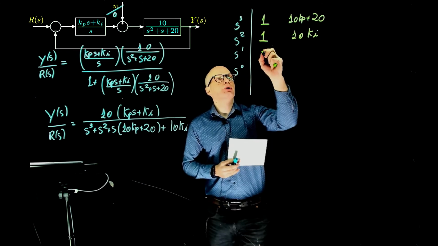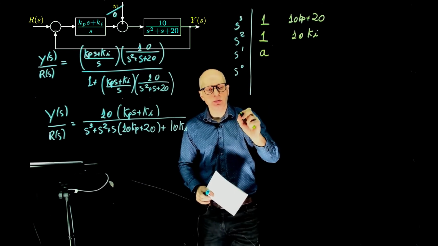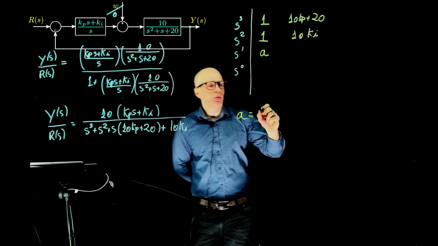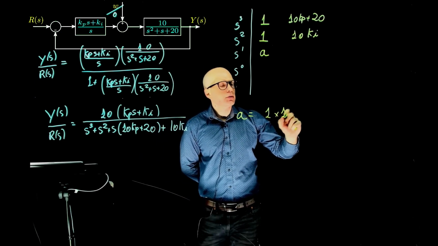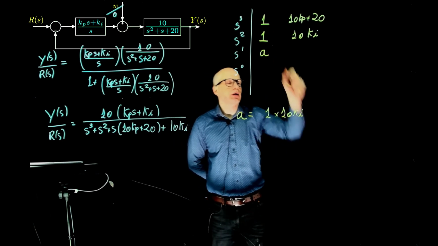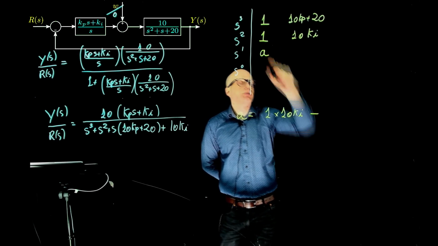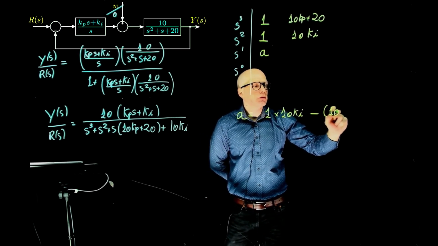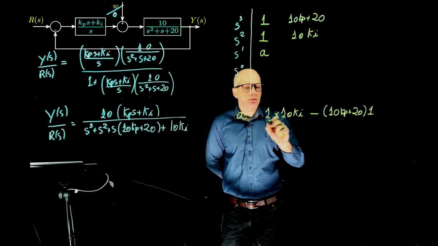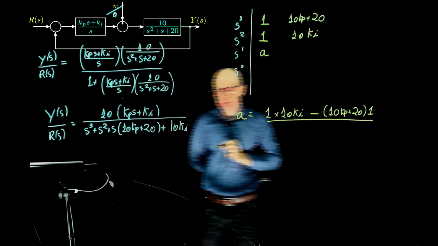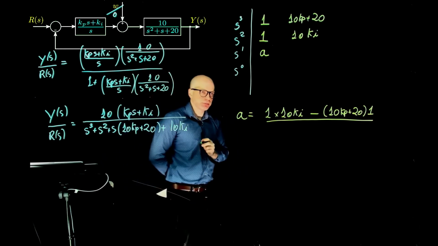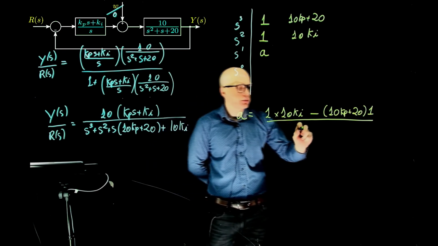What is this coefficient here? Let's call this A. What is A? A is 1 times 10 Ki, minus that times 1, divided by minus 1.